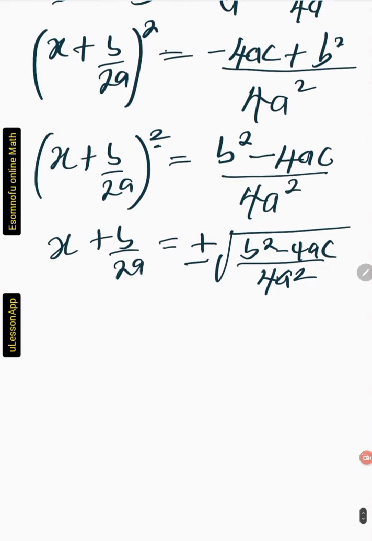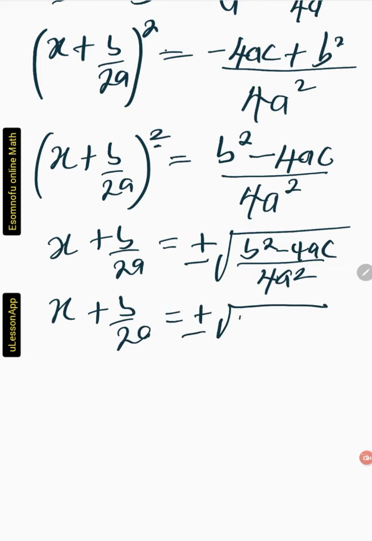So we continue. From here, x plus b over 2a is equal to plus or minus square root of b squared minus 4ac over this 4a squared. The square root of 4 is 2, and the square root of a squared is just a.